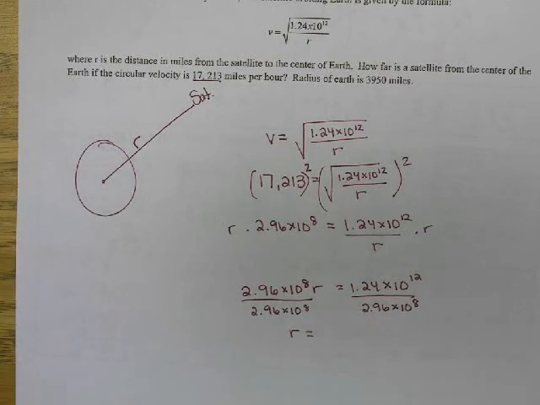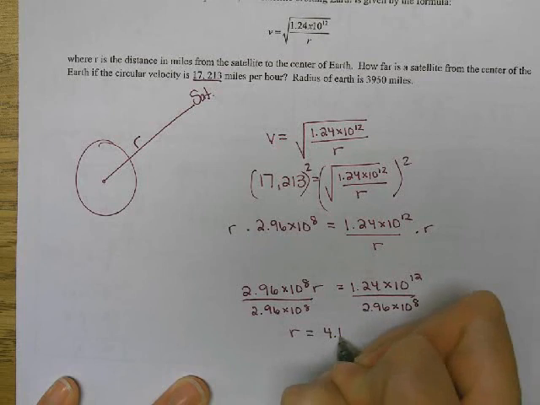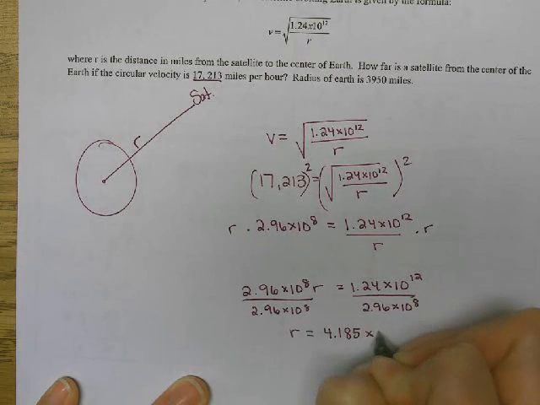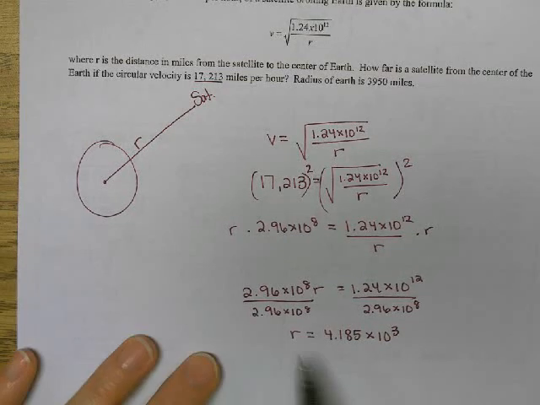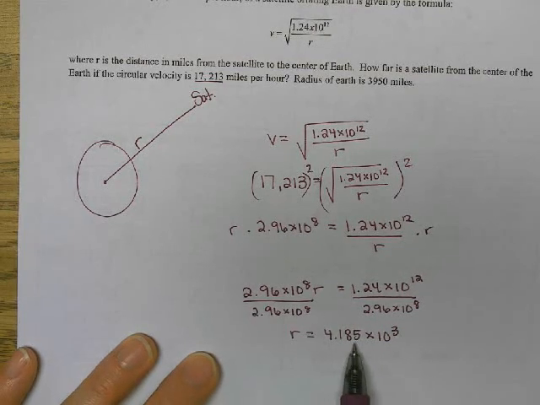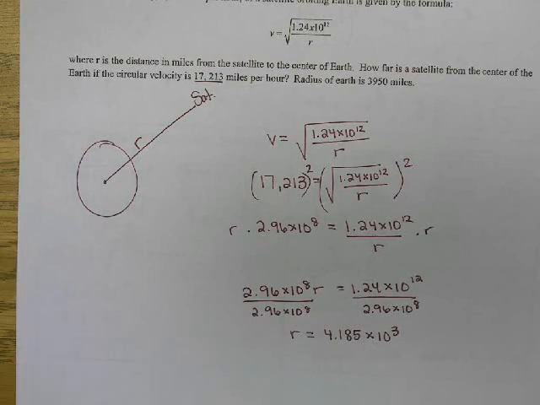So r is equal to 1.24 times 10 to the 12 divided by 2.96 times 10 to the 8th, which is 4.185 times 10 to the 3rd.